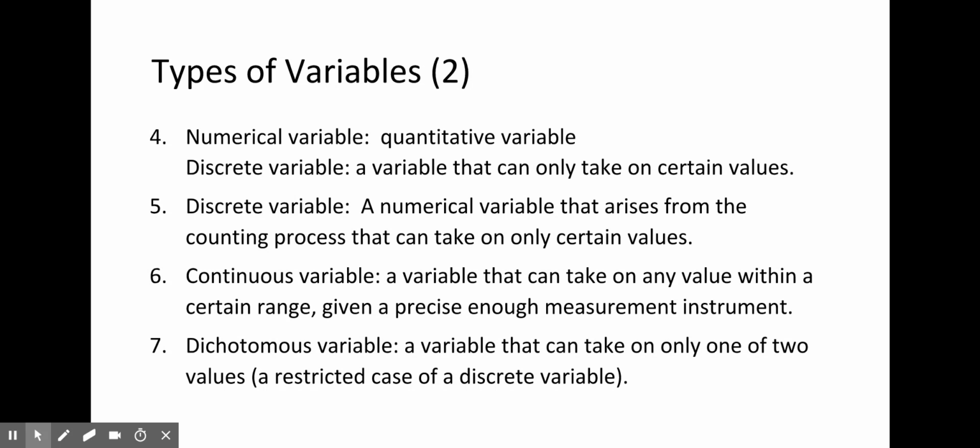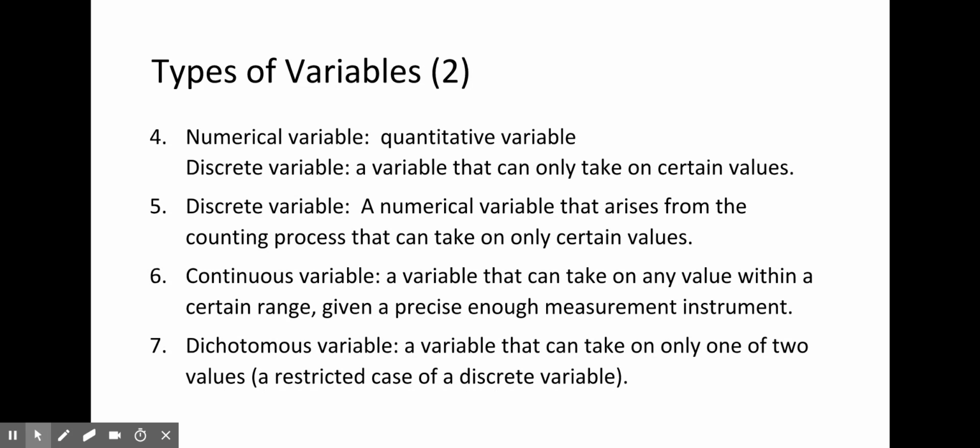There's no in between. A discrete variable is a quantitative, numerical variable, but there's no in between. Eighth grader, seventh grader, there's no 7.5 grader. That's it. A continuous variable is like 7 inches, 7.1 inches.